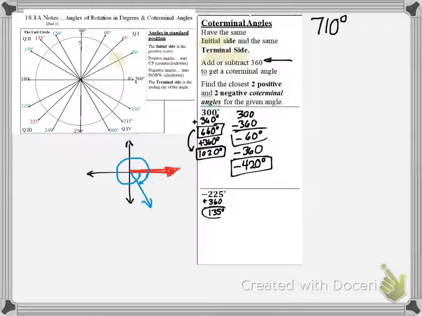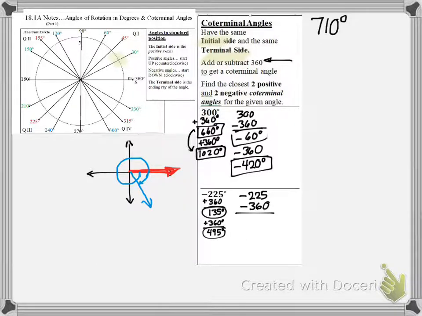But there are more angles in the same place as that. So I'm going to take that and add another 360 degrees. And 135 plus another 360 degrees takes me to 495 degrees. That's another good answer for that problem. They want some negative ones, so go back to negative 225. And now I'm going to subtract 360 degrees.